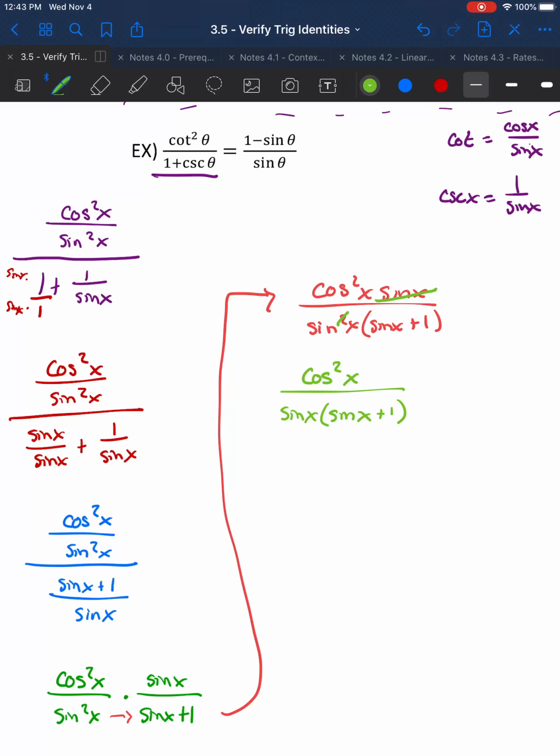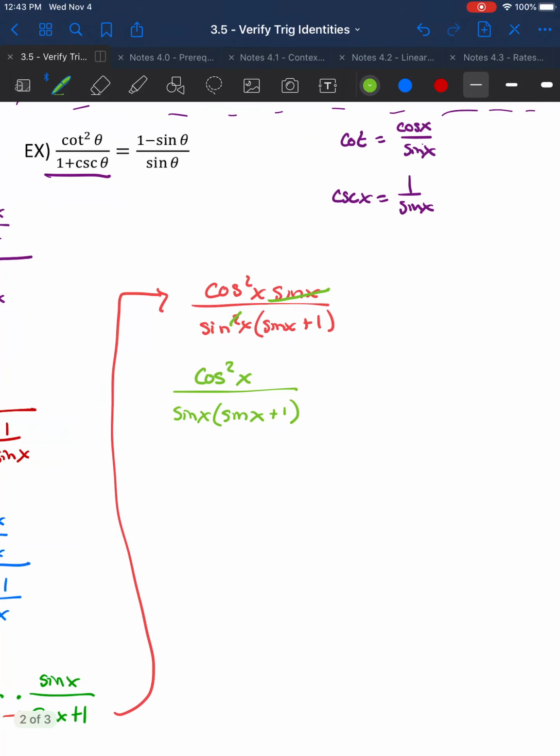Well, let's figure out, is there something that we can do to get rid of the cosine squared? Okay, so let's see. I know that cosine is equal to 1 over secant, but that doesn't do me any good. That just brings in another trig function that I don't want. I want all sines. Oh, I have this guy: cosine squared plus sine squared is equal to 1.